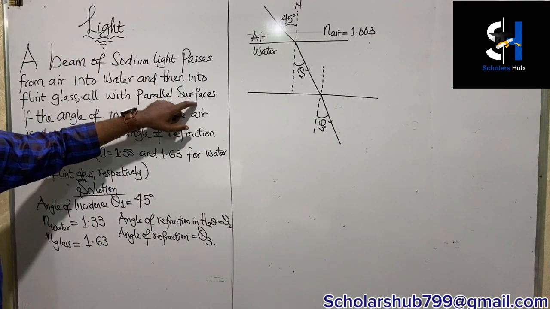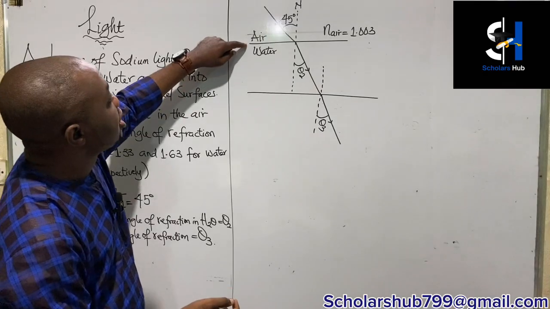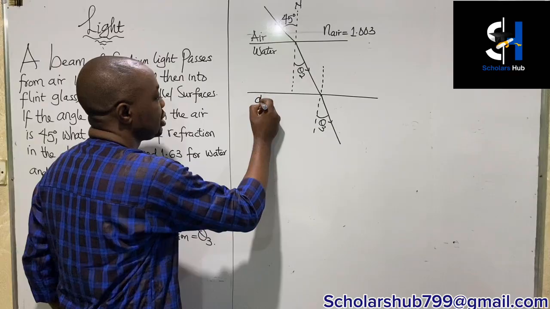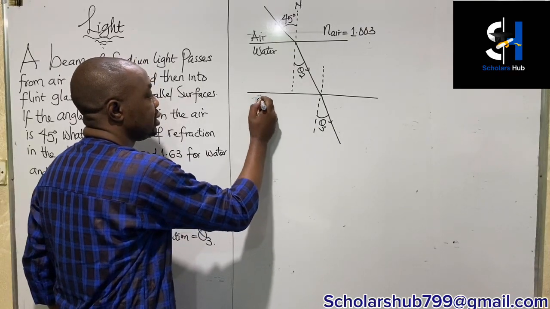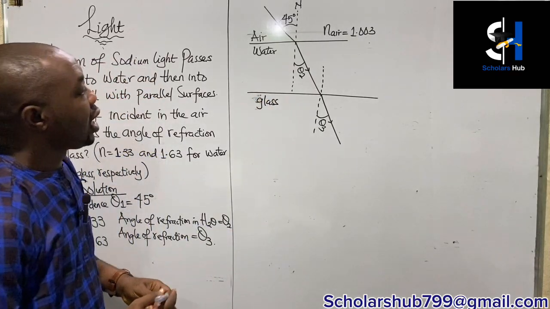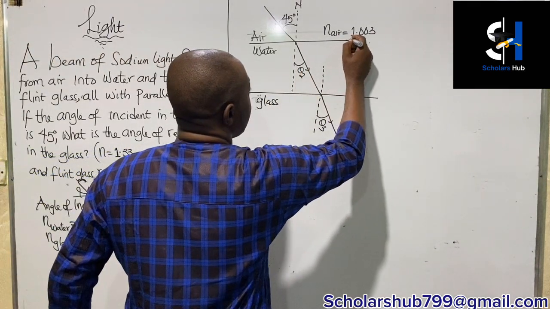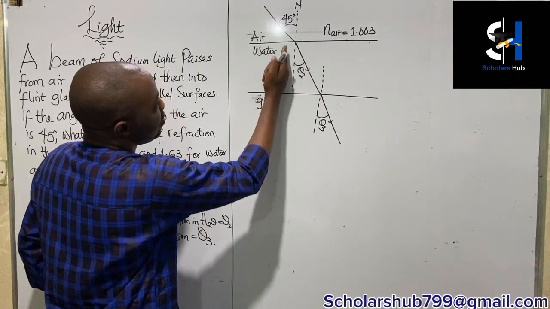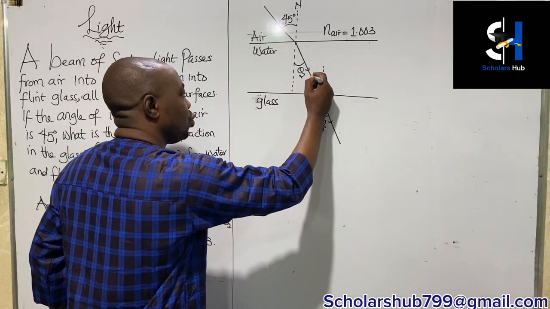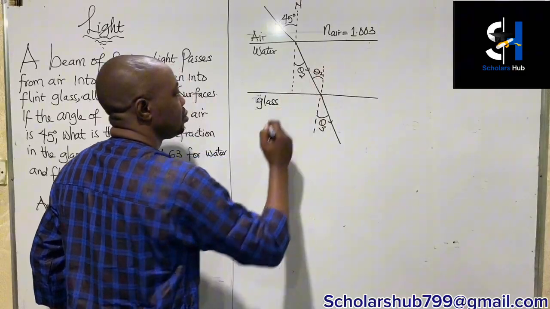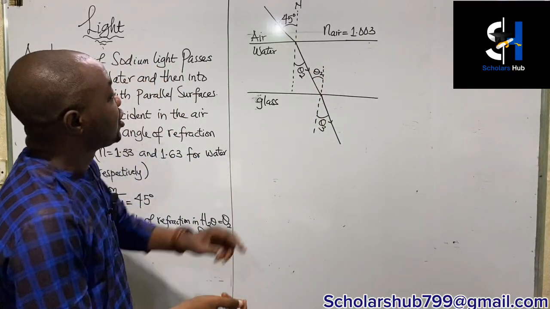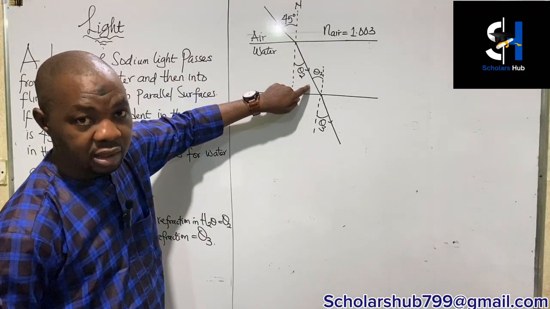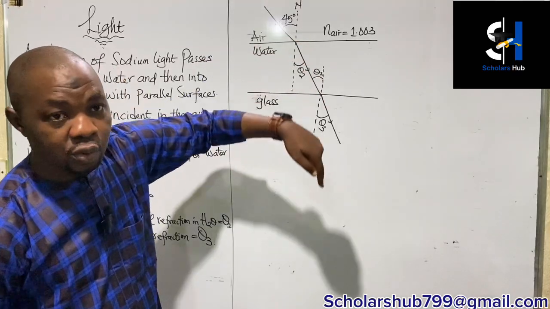Now remember we have here all with parallel surfaces. So the boundary separating air and water, and the one which separates water and glass, are parallel. So the two boundaries are parallel. It means that the angle which the transmitted ray makes with the normal ray will be equal to this angle. So it's the same angle. The transmitted ray now becomes the incident ray, the light in water then passes into the flint glass.